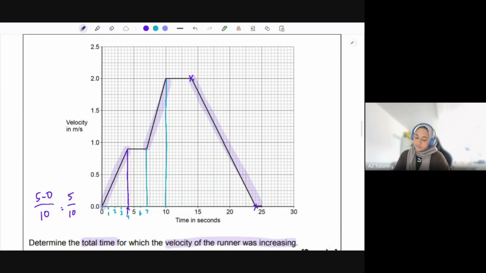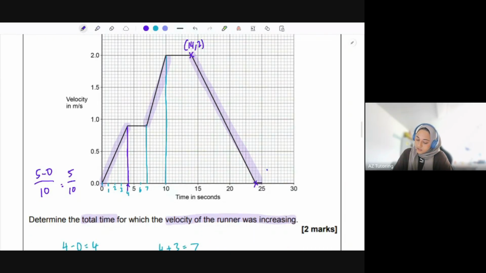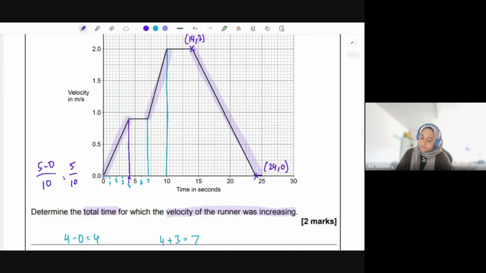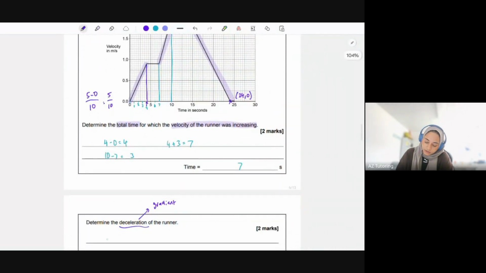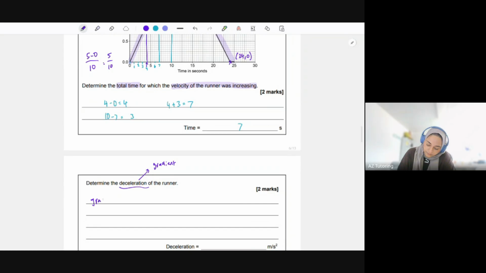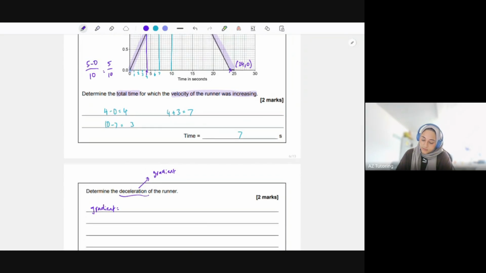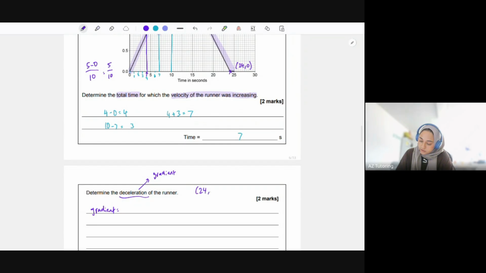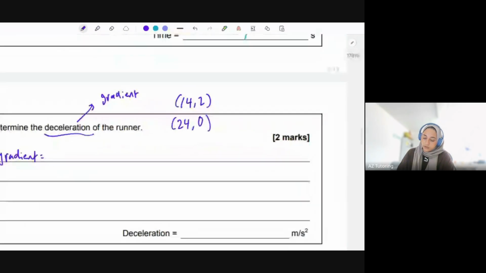It doesn't really matter. So this one here is 14, 2, because I've just read off 14 then, and that's 2. This point over here is 24, 0. So I'm doing the gradient, which is change in y divided by change in x. Let me just write my 2 coordinates here: 14, 2.